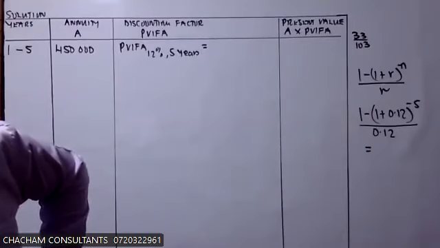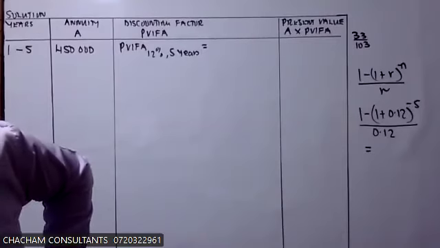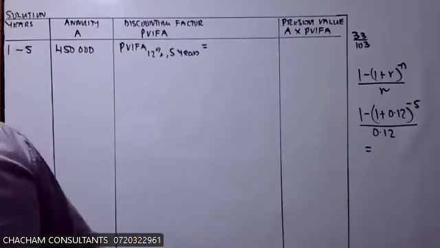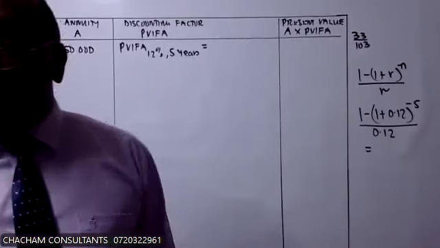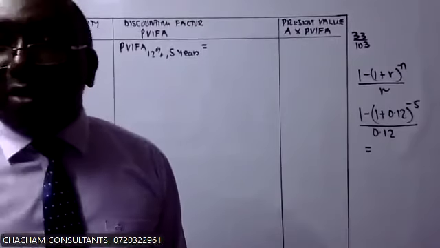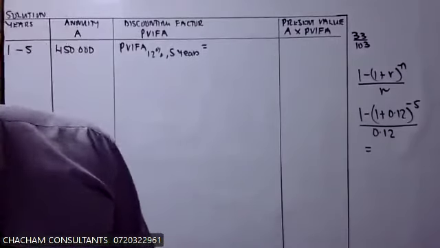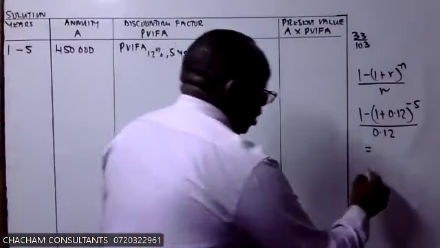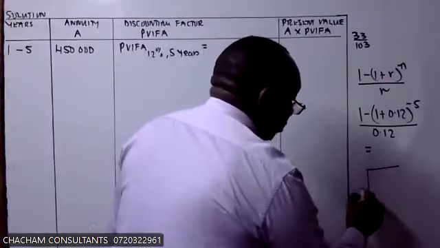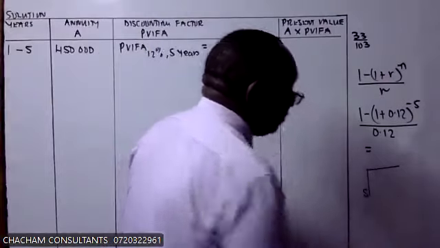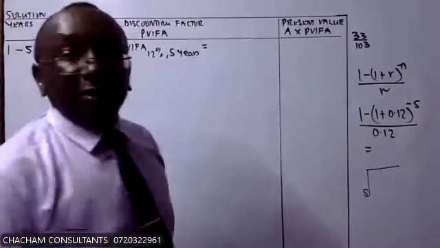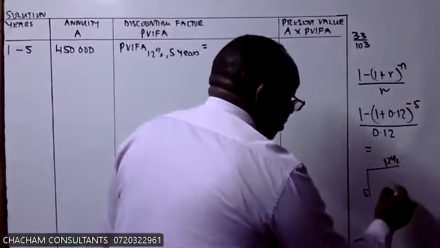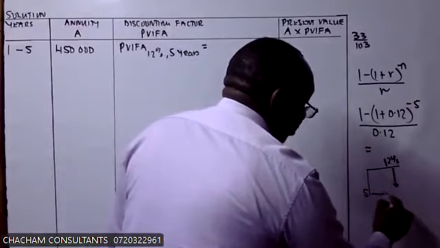If you write it in 4 decimals, it is 3.6048. Now, if you want to see it from the tables, you come here to year 5, then look for 12% here, and read the value at the intersection.